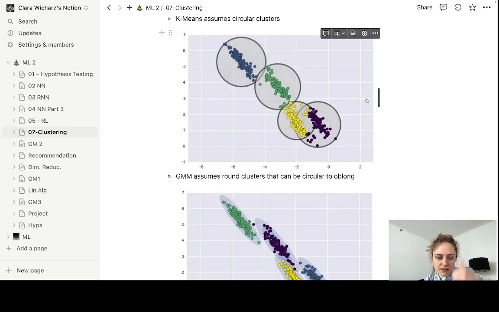This is the first step. The second step is that we check to which cluster each data point belongs. We measure the distance between this data point and this centroid, this centroid, this centroid, and this centroid. Then we assign this little guy here to the cluster that has the closest centroid.